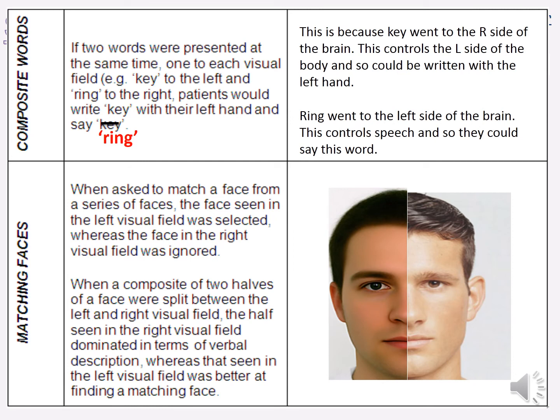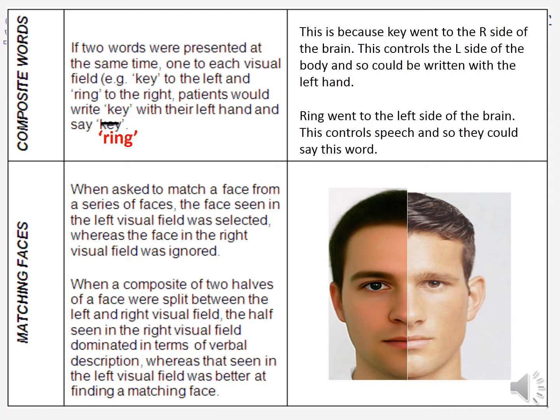Another thing to consider is in terms of matching faces, and we'll have a look at the Mike and Me study by Turk et al. When asked to match a series of faces, the face seen in the left visual field was selected. So here you've got a matching face image which is made of two different people. When a composite of two halves of a face was split between the left and right visual field, the half seen in the right visual field dominated in terms of verbal description.